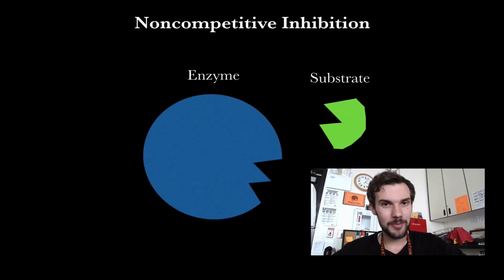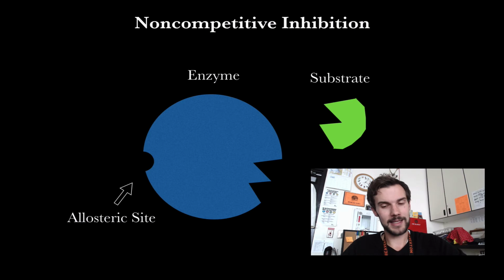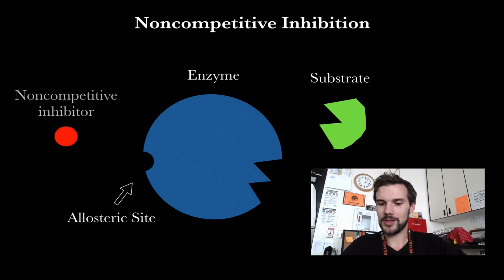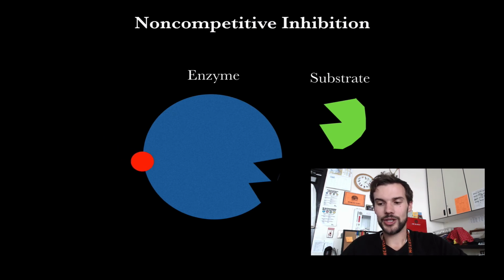If we want non-competitive inhibition, the molecule will bind to what's called an allosteric site. That's not in the active site. And when it bonds there, it could actually change the shape of the active site, and it could be pretty pronounced.